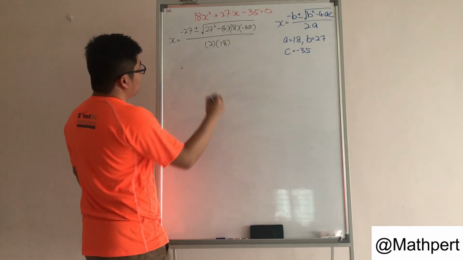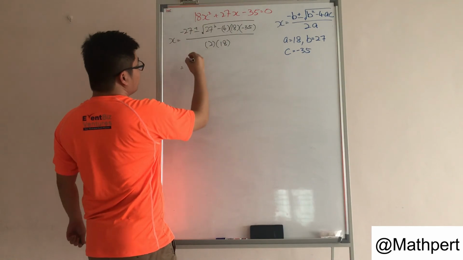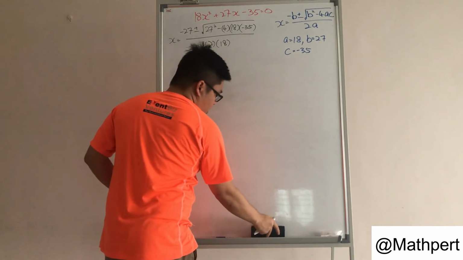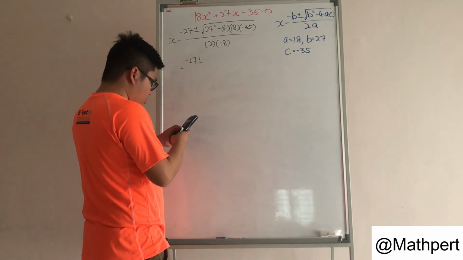Okay. Negative 27 plus minus 27 squared.